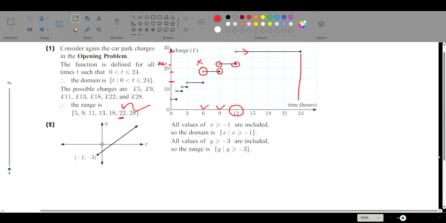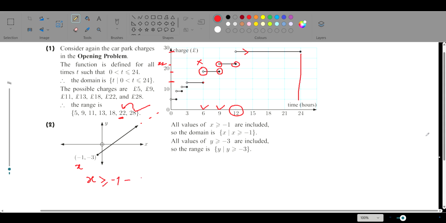On the other hand, if you see graph number 2, it's very clearly visible from where to where the graph is going. The arrow representing that graph is not ending at any point on that side. It's going, going, going, going. So for the domain, I check the initial point of x. The initial point of x is -1, and I'm not going to get any final point because this graph is not going to end. So it is all the x values greater than or equal to -1.